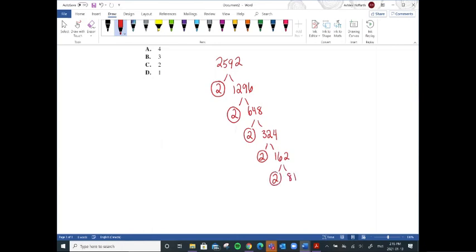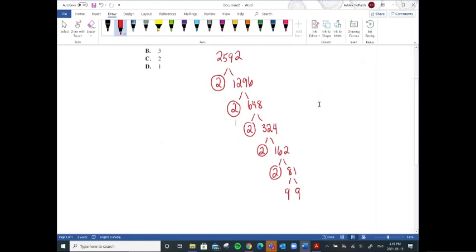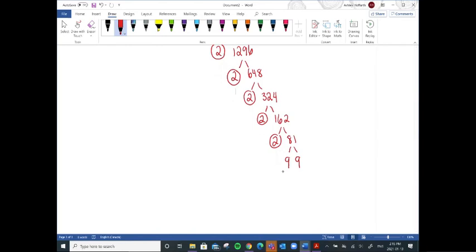Okay, and finally we have a number that's not even, so I can't use 2 for 81. I'm going to break it down into 9 and 9. Both 9 and 9 are not prime, so we have to go one step further, and we break up both of them into 3 and 3. And now we've got prime numbers there.